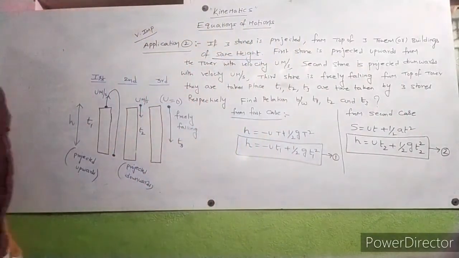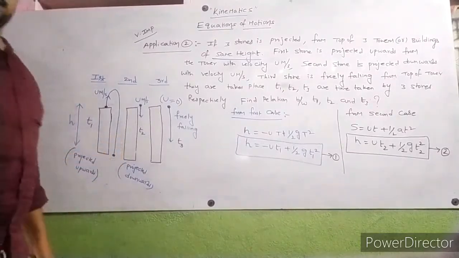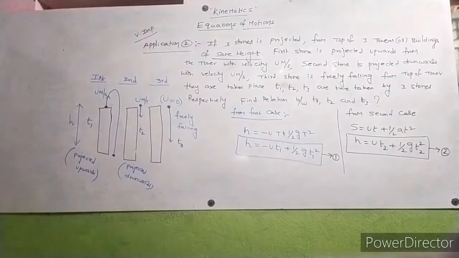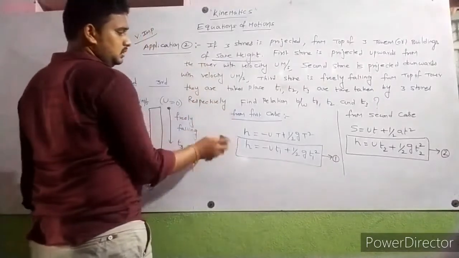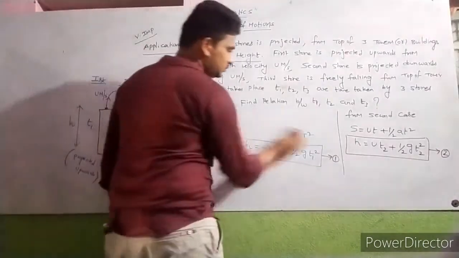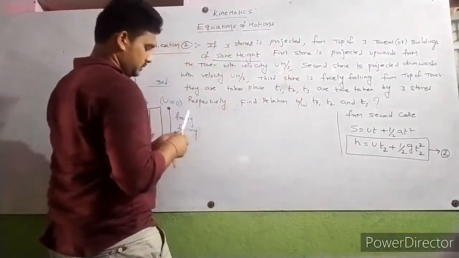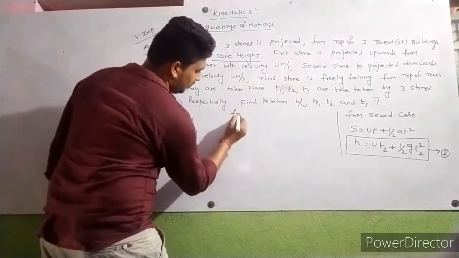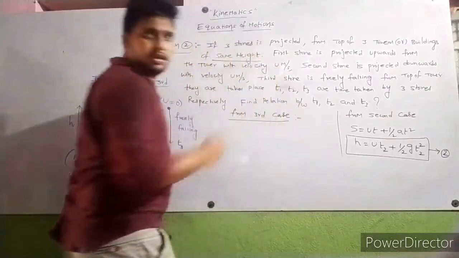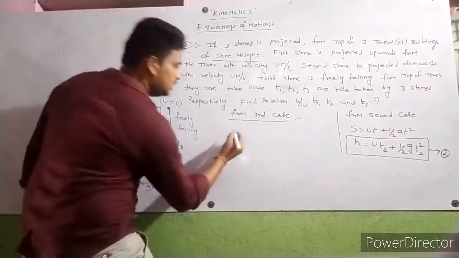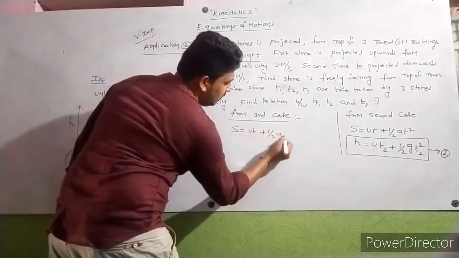From the third case, freely falling, S = ut + half at square is the formula.